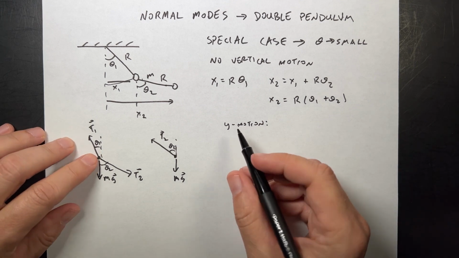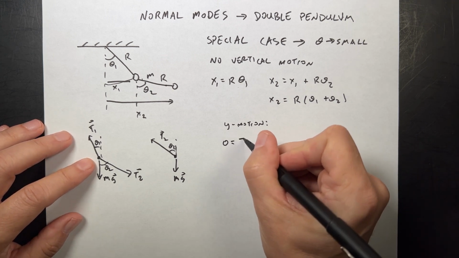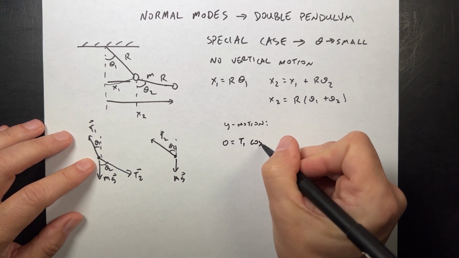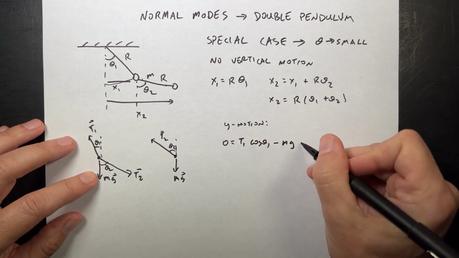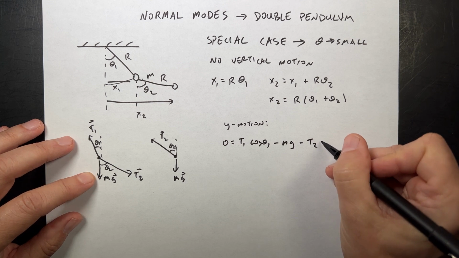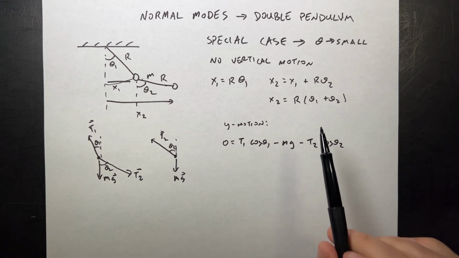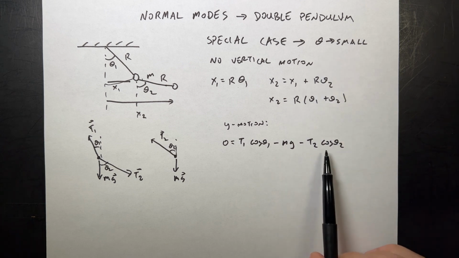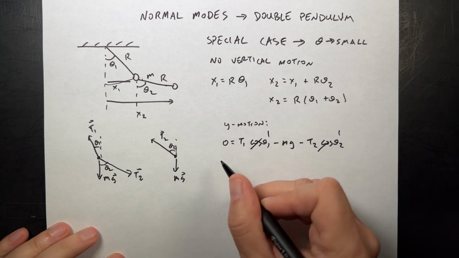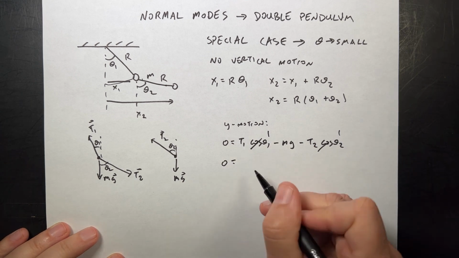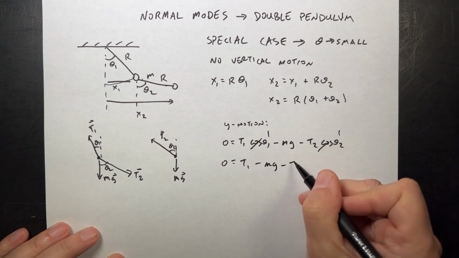So technically this one would be 0 equals T1 cosine theta 1 minus mg minus T2 cosine theta 2. But if theta is very, very small for both these cases, then the cosine is approximately equal to 1. So I get 0 equals T1 minus mg minus T2.